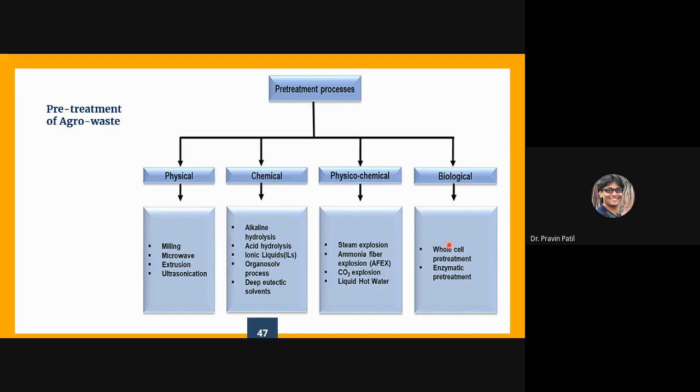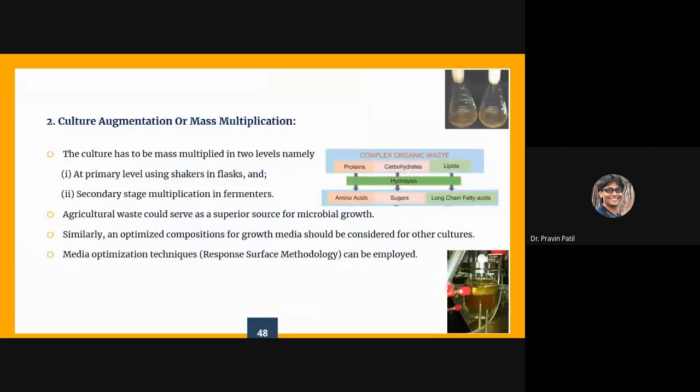When you are using a wholesale biocatalysis system, you are reducing the cost by almost 60 to 70%. So these biological processes can be employed for biomass pre-treatment, and that pre-treated biomass can be used as a carrier or as a nutrient source for the microbe being used in the biofertilizer.